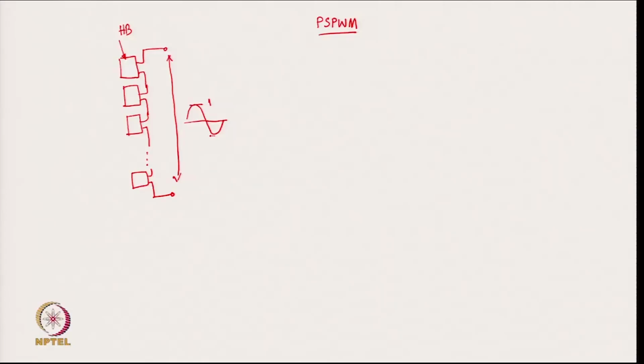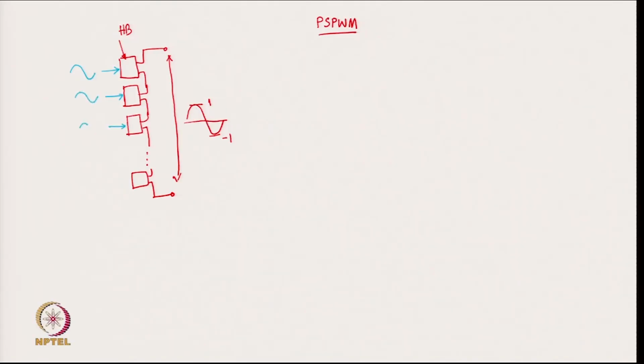So, for example, if this sine wave has an amplitude between 1 and -1 per unit, then in phase shift PWM, what do we do? We basically ask each of these H-bridges to produce an identical sine wave like the one we want to produce here.